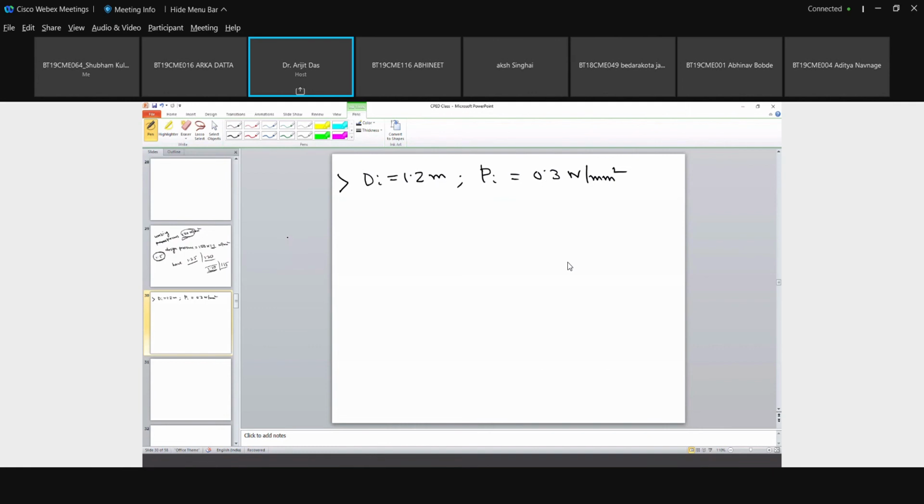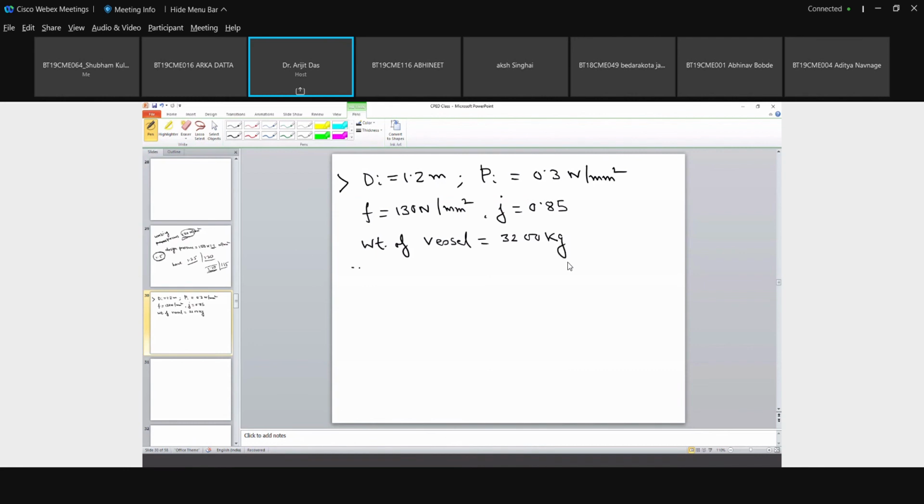Suppose F is given as 130 Newton per millimeter square. Here I have given the J value as around 0.85. Weight of the vessel, suppose 3200 kg.